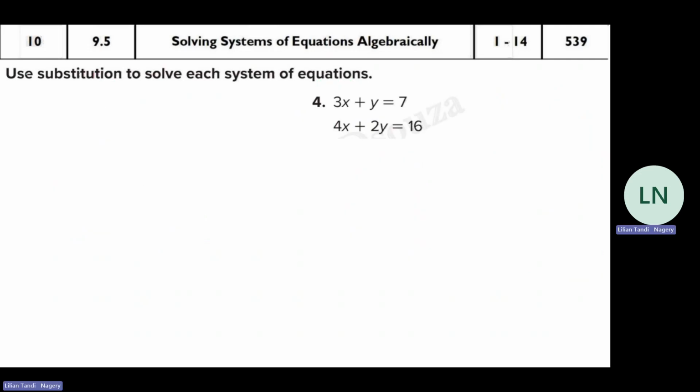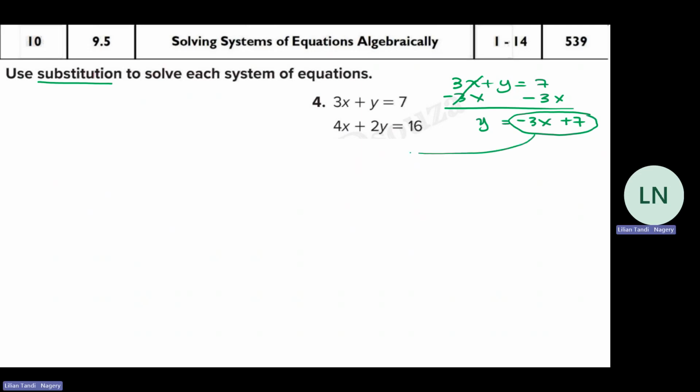All right. We are still using substitution. I'm going to use the first equation. So 3x plus y equals 7. Minus 3x, minus 3x. y equals negative 3x plus 7. I'm going to take this and put it over here.